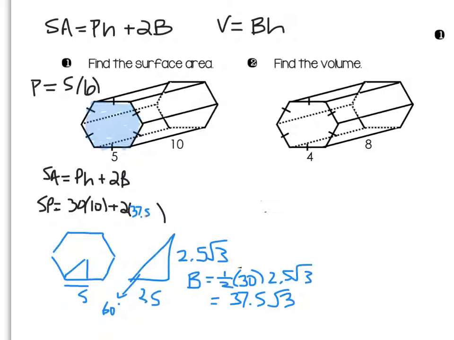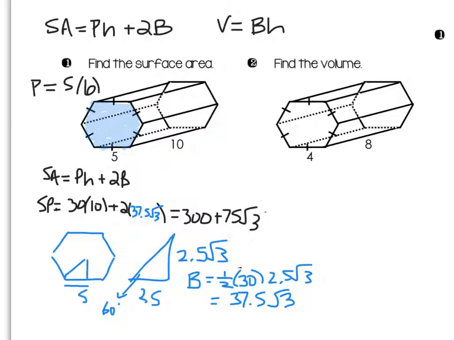What else is new? So when I try to combine these, remember I can't combine stuff without square roots. So I'm going to get 300 plus 75 square root of 3 for my answer.